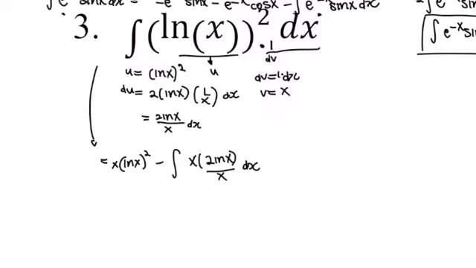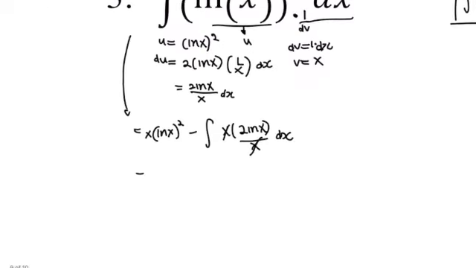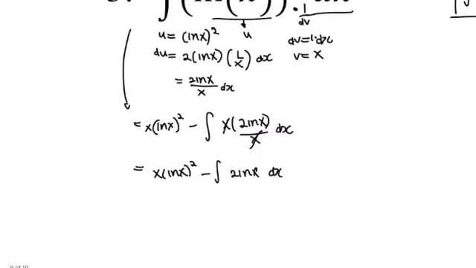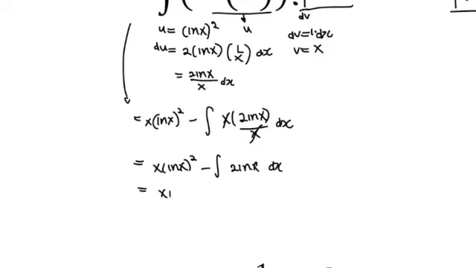So we can cancel out the x's here. That means x ln x to the power of 2 minus integral of 2 ln x dx. Okay, so that is x ln x to the power of 2 minus 2 comes to the outside, and then integral of ln x dx.